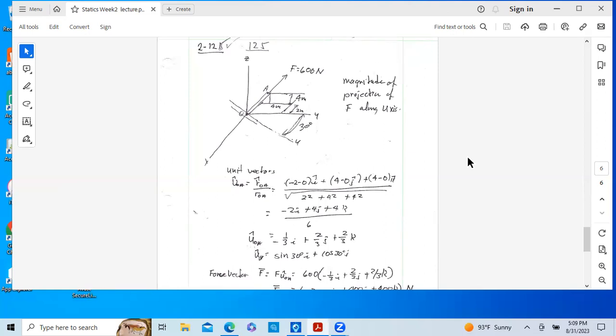So we need to know the magnitude of the projection of F along U. This is U. And so we need the unit vector along this axis system here, U. And again, if you look at the diagram down here, you can get the dimensions. The dimension is 2i, 4j, and 4k.